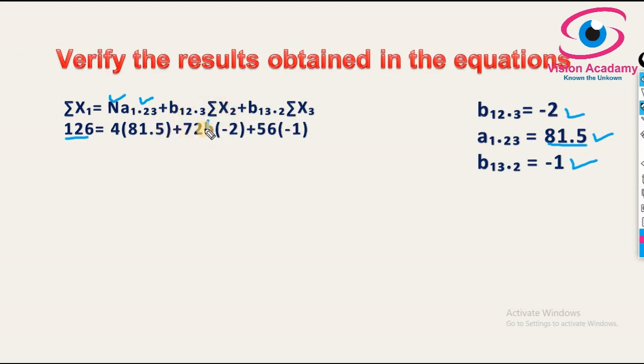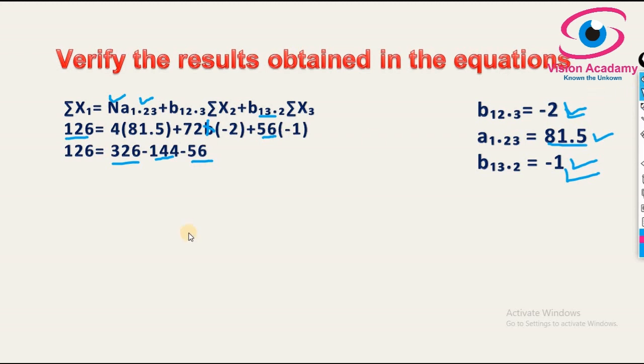So ignore this b here, and B12.3 is here minus 2, and summation x3 is 56, B13.2 value is minus 1. So now we will simplify, since we have taken all the values. 72 into minus 2 is minus 144, 56 into minus 1 is minus 56. So 4 into 81.5 will be 326.